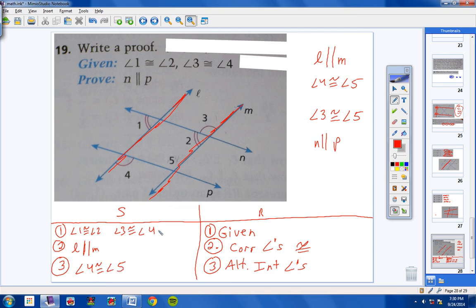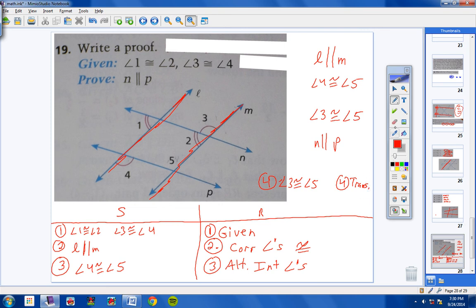So I'm going to put step 4 right here. Step 4, I could state that 3 is congruent to 4 and 4 is congruent to 5. So angle 3 is congruent to angle 5. And the reason would be the transitive property.